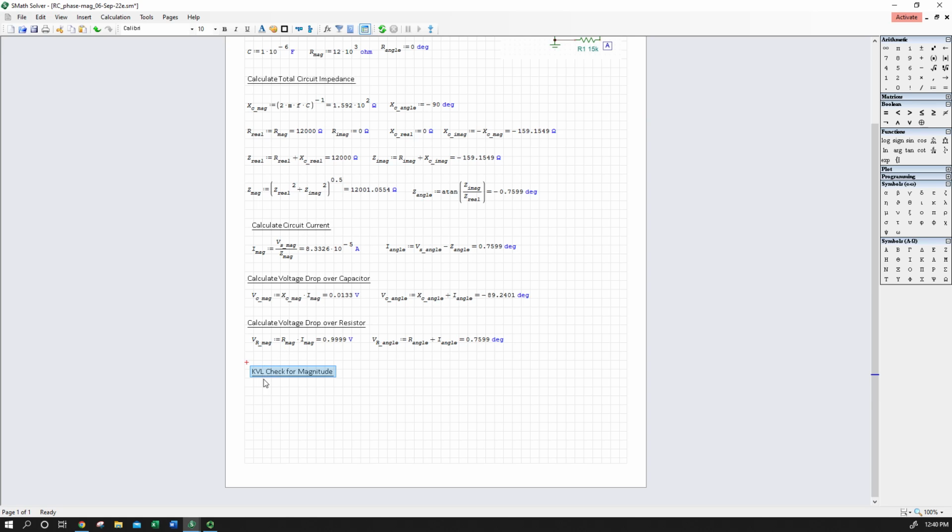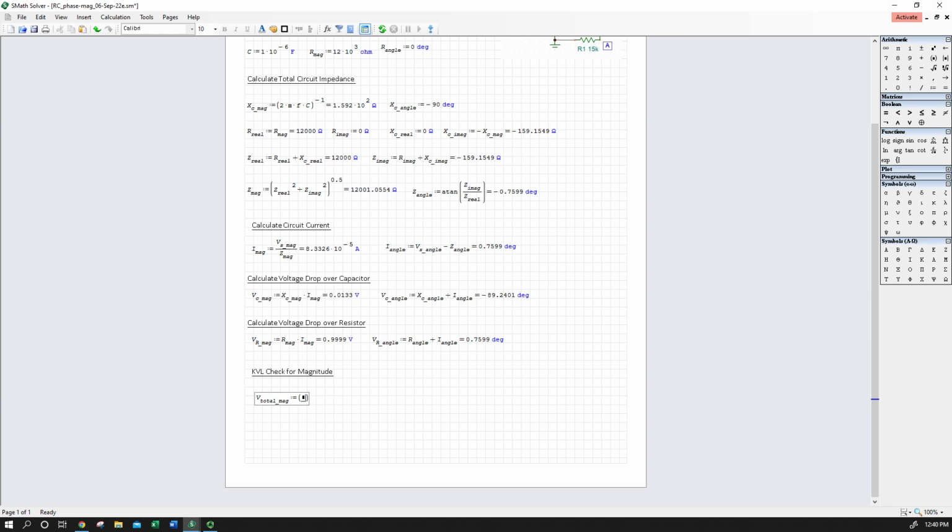So this is pretty easy. We can use the Pythagorean theorem to combine VC mag and VR mag. We know that these are literally 90 degrees apart, so we're going to use the properties of a right triangle. My V total mag is the hypotenuse of a triangle whose two legs are VR mag and VC mag.